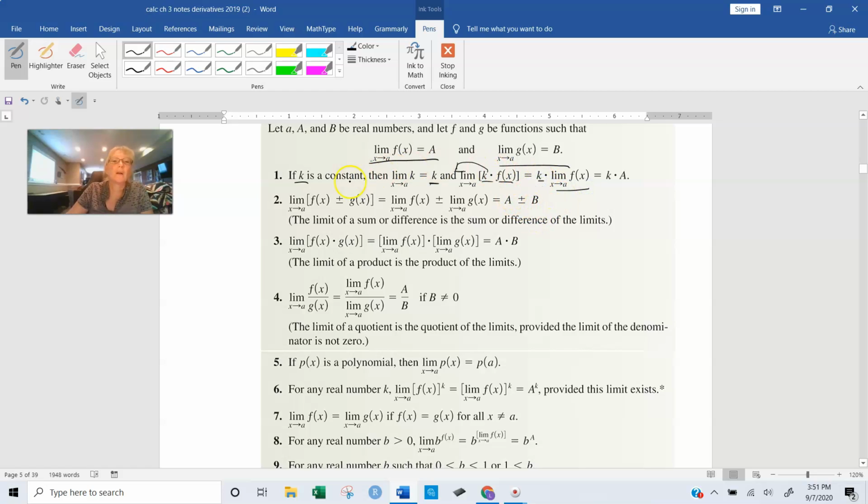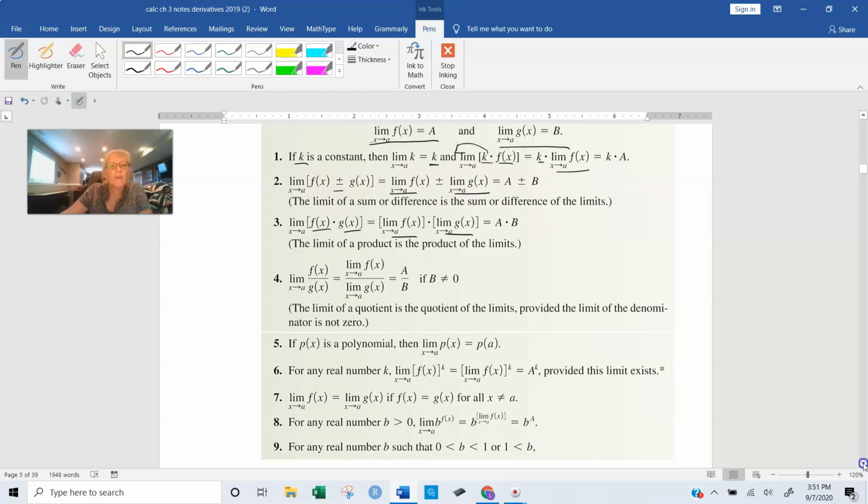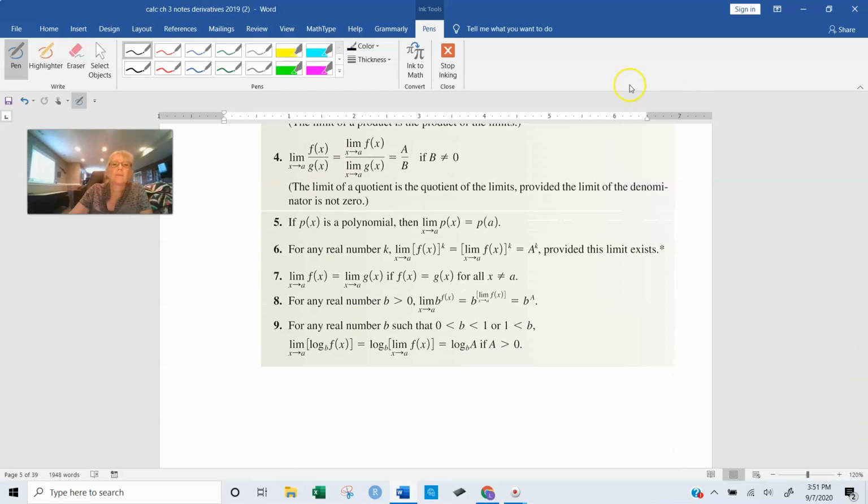Makes it a little easier. If I am adding two limits, I can take the limit of the first plus the limit of the second, or subtract. If I am multiplying two functions, I can take the limit of the first times the limit of the second. I don't have to do them all out. Same with division. I can do them together or separate them out, whichever is easier.